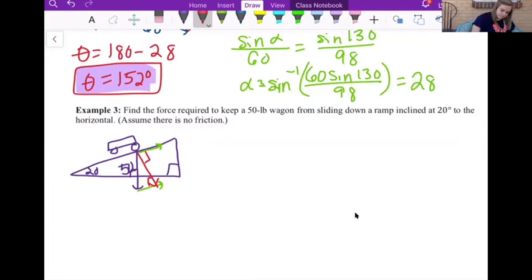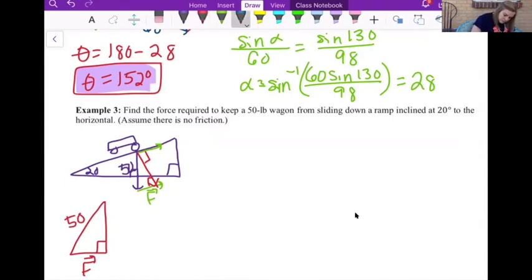So essentially, we have this triangle. So this is 90, this is our force, and we know that this is 50. Now, we just need to know one of our other two angles, and then we can just use our regular SOHCAHTOA.